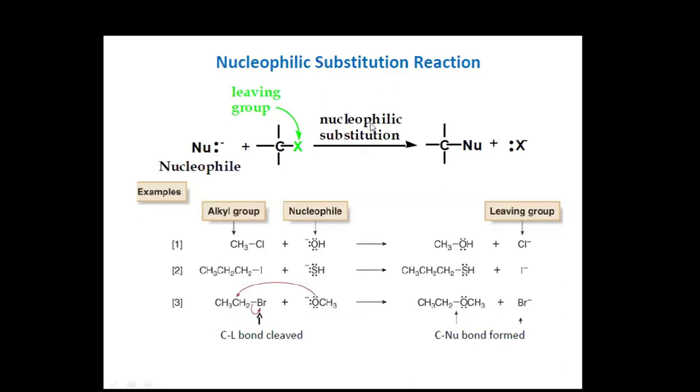In this case, the nucleophile prefers to attack the carbon which is carrying the leaving group. Generally, the leaving group will be X, any halide.